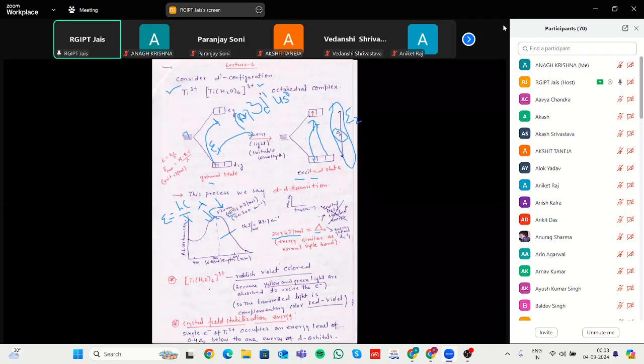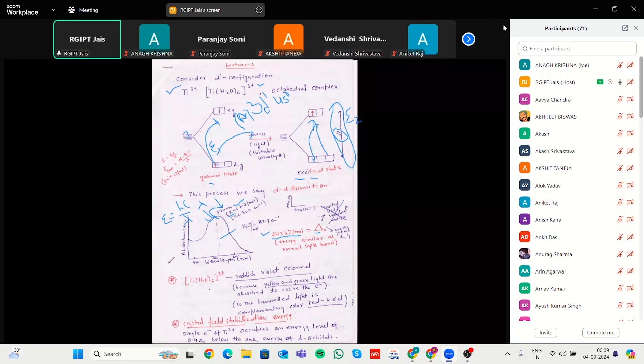At 520 nanometer, we put the lambda value and easily calculate the energy. This energy comes to 243 kilojoule per mole.